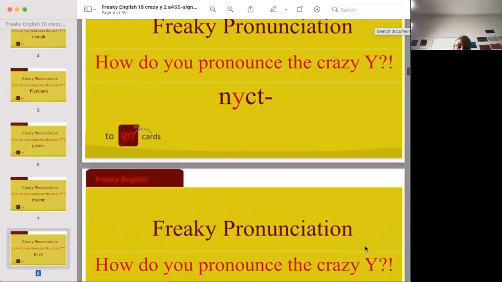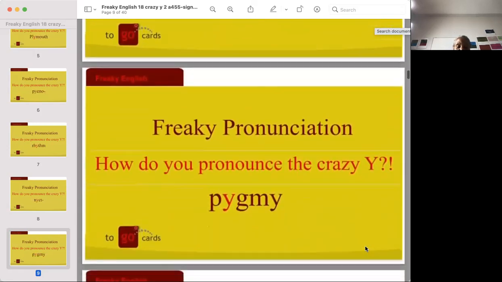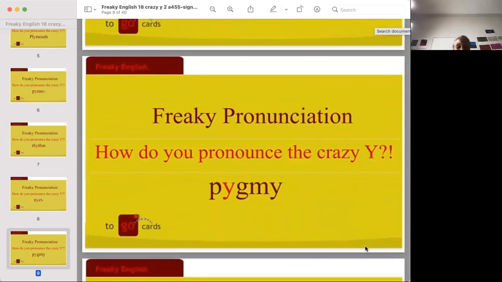Nyct, it's a prefix. Pygmy. I think this is insulting now. These are particular African groups, I think in West Africa, very numerous. And the reason they call them pygmy is because they are, I guess from a Western perspective, extraordinarily short. I don't know if calling them pygmy, I really don't know.